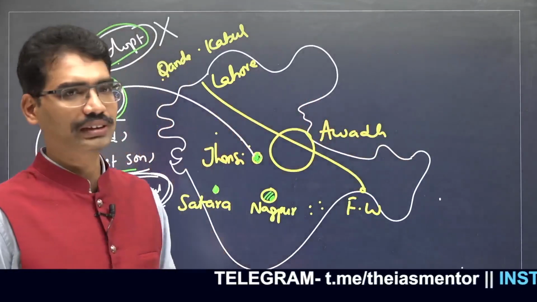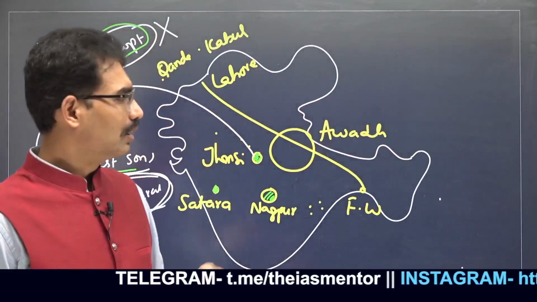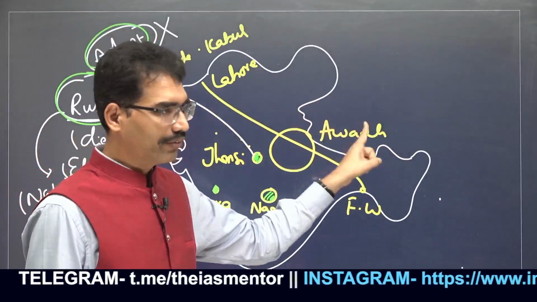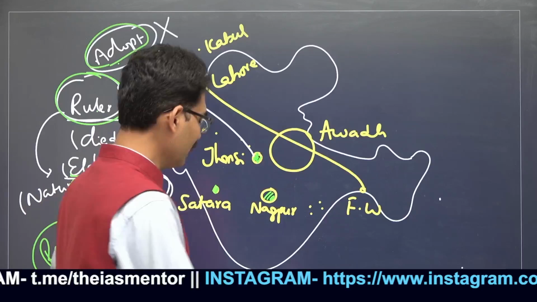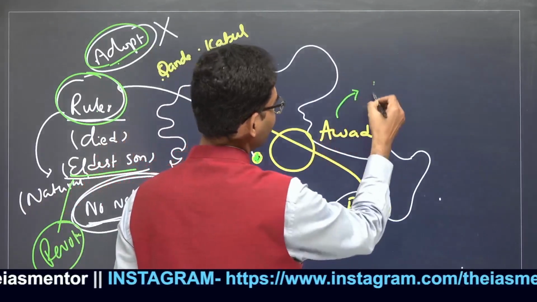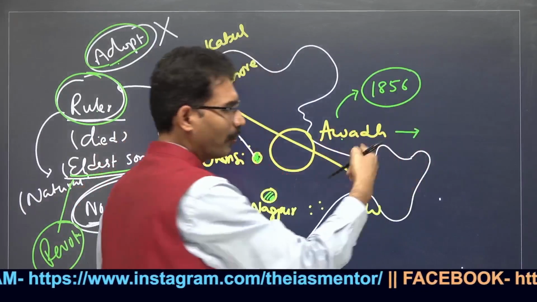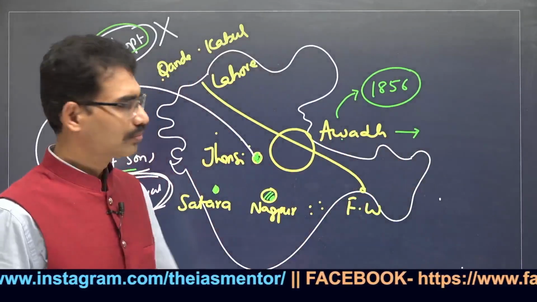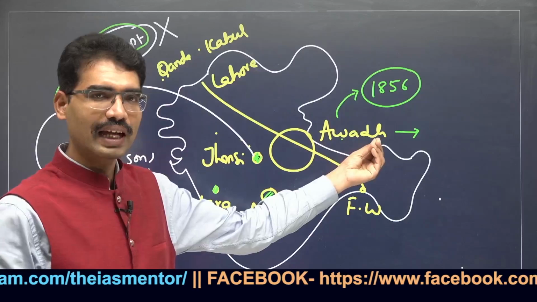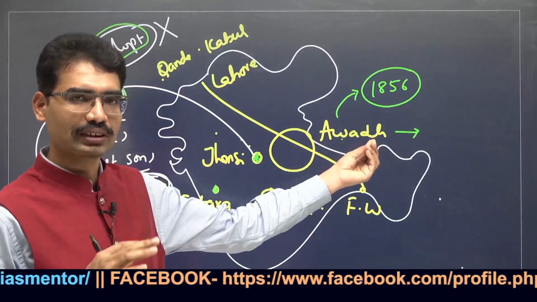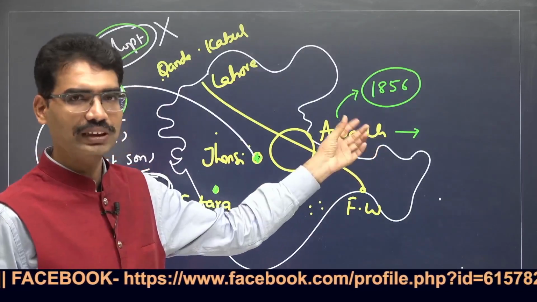he captured these territories. And it is with respect to Awadh, just before the 1857 revolt, in 1856. With respect to Awadh, there is no problem of natural sons. The Awadh ruler has multiple successors, natural sons. They don't have any issue with respect to the doctrine of lapse.